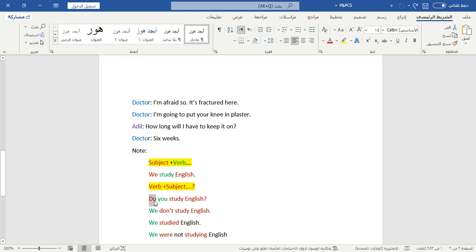It's a helping verb. The function of do here is to show us the tense of the sentence. Which tense here? Yes, excellent. Present tense. And followed by you, it's a subject.